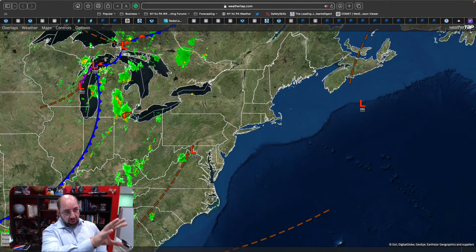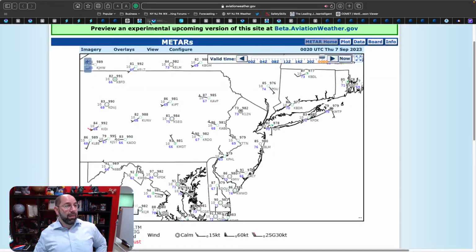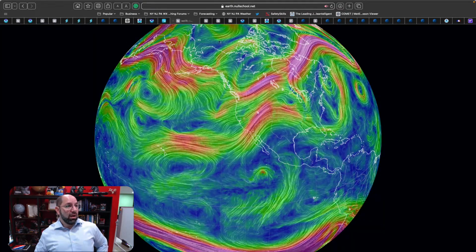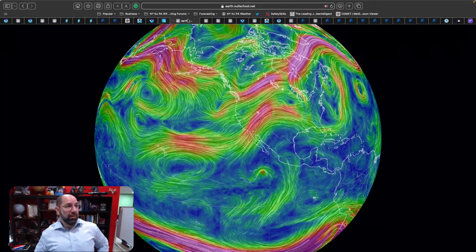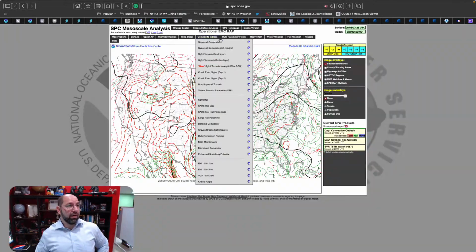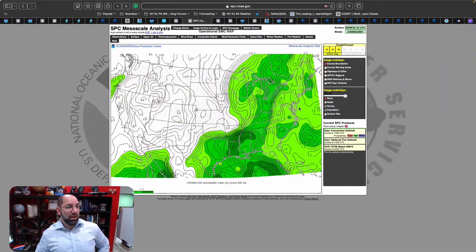So, what we're seeing here is as the 500 millibar heights are falling, we're getting these little prefrontal troughs here. The first one's going to impact the region tomorrow with a few widely scattered showers. But the key thing to remember here, if I could pull up the right map, here we are, is all the moisture that is in the atmosphere.